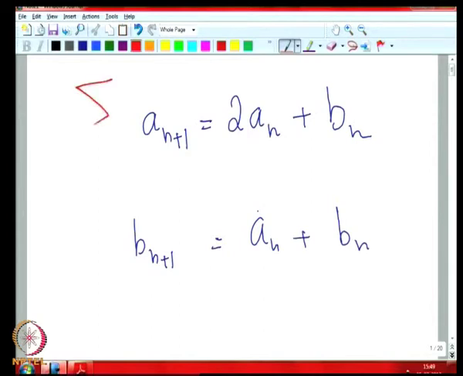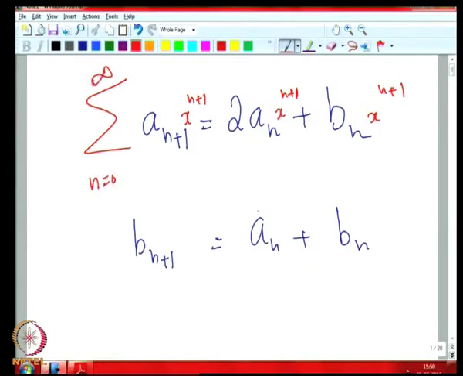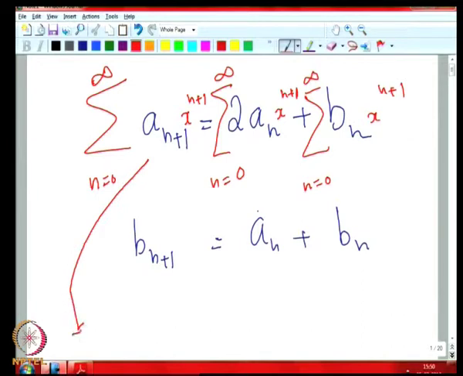First, we multiply this by x raised to n plus 1 everywhere, and then we sum from n equal to 0 to infinity. That means everywhere we have to sum. Because n equal to 0 to infinity, n plus 1 starts from 1 and goes to infinity.